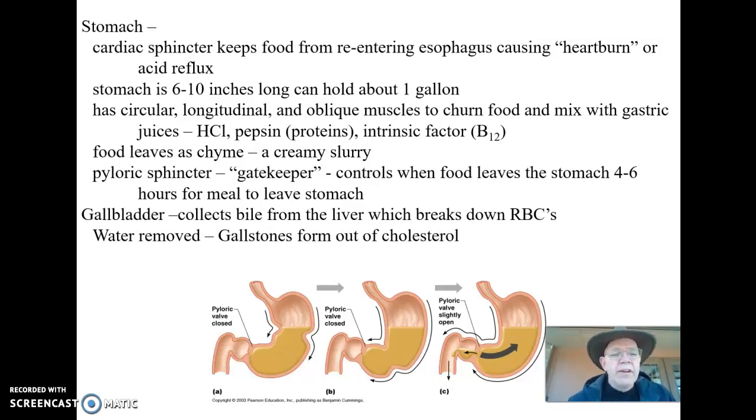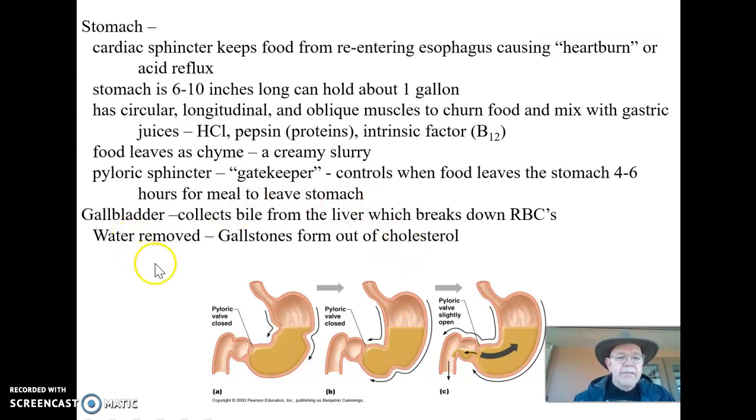Now in the gallbladder, it takes a lot of the water out of this and concentrates it. Unfortunately, one of the things that can happen is it forms cholesterol in there, and the cholesterol can make what we call gallstones, little hard rock-like looking materials. These solid gallstones can block up the bile duct, which is not good.